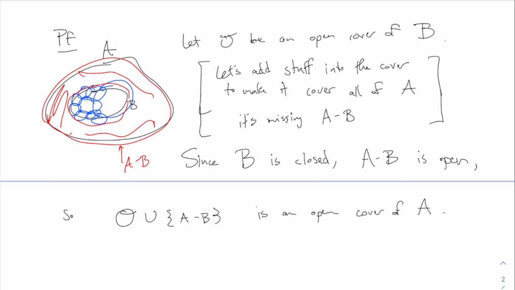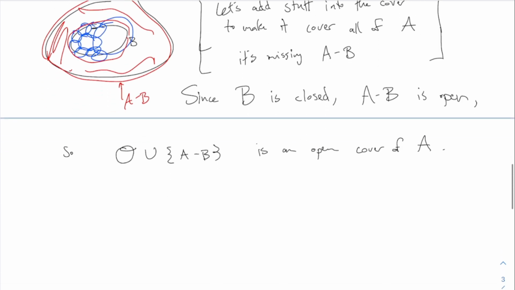That is now an open cover of A. And since A is compact, you only need finitely many of those things, which means you only need finitely many from the O, right? Whether you use this one or not doesn't really matter. The fact that all of this can become finite means that the O can become finite, and that's what we needed to show.